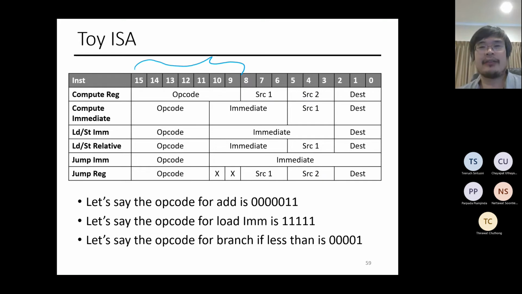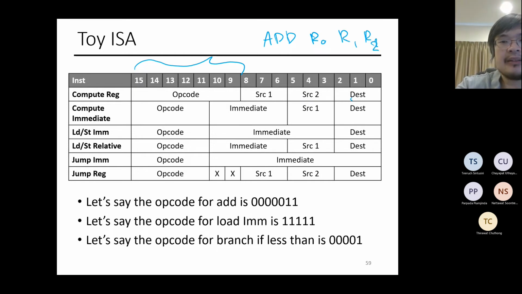And let's just go with that for now, right? And if I want to do add R0, basically I want to add R1 plus R2 and write the result into R0. So R1 is source 1, R2 is source 2, R0 is destination, right?